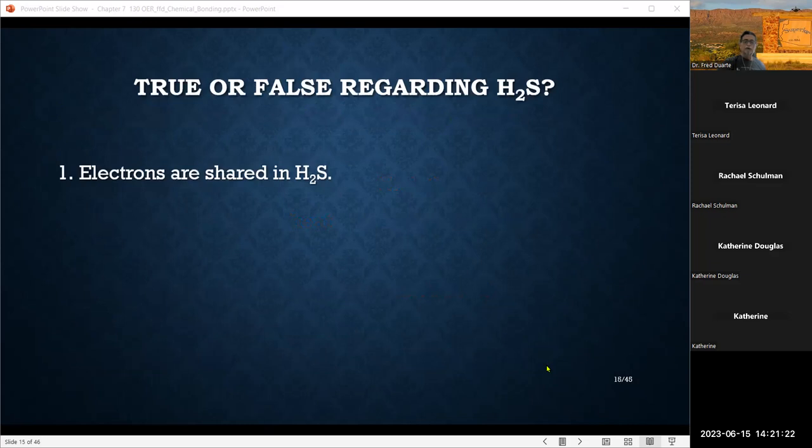Okay, true or false regarding H2S, dihydrogen sulfide is the name for this one. Electrons are shared in H2S. What do you think? Yes, they are, because they are covalent compounds. True.